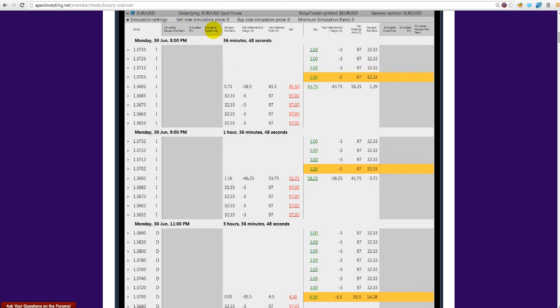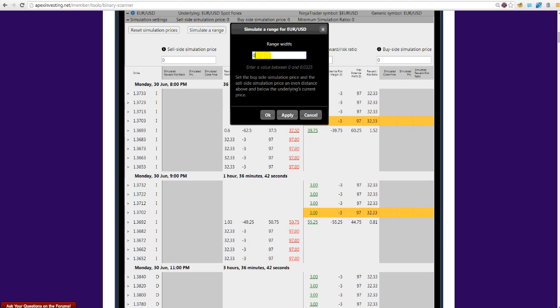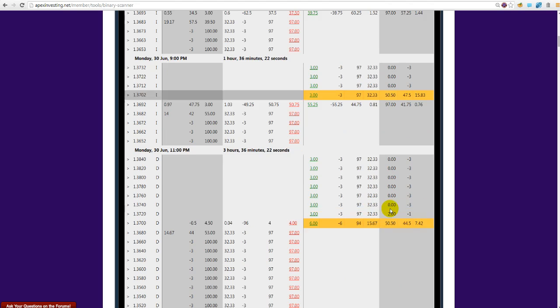Now, if I go, okay, well, I like the cheaper one. It moves faster, but it also has less time to move. So if you go in here and say, well, what if the market were to move up or down, let's just say 10 pips, okay? Check out how over here we're getting a nice return, about 1,150% return, because it goes from $3 to $37.50. This one goes from $3 to $50, so we get actually a little better return on that one in this case.